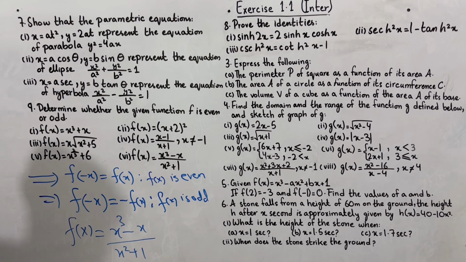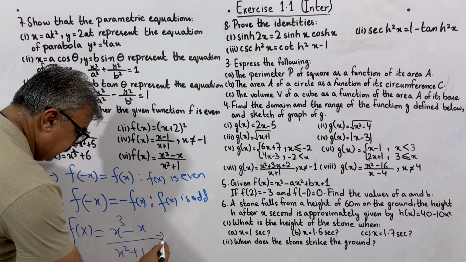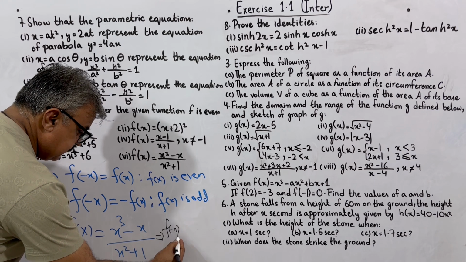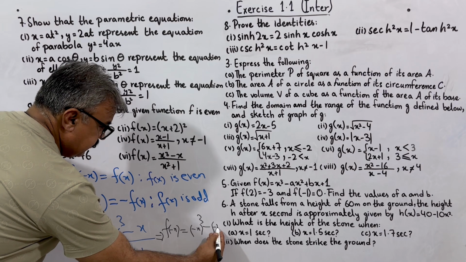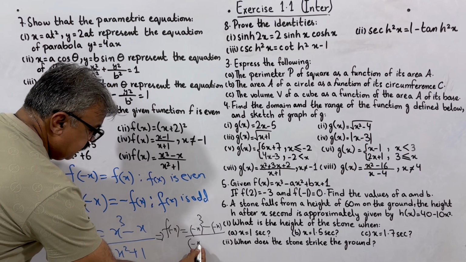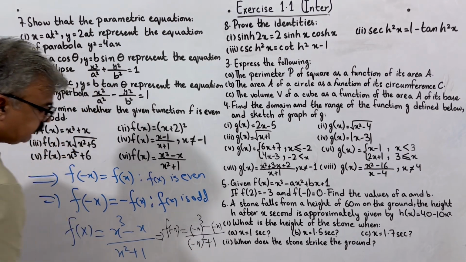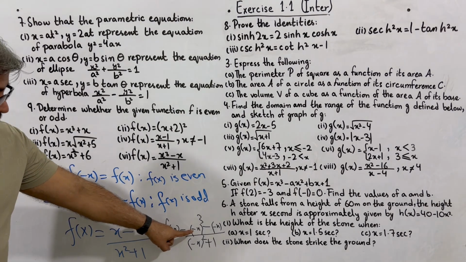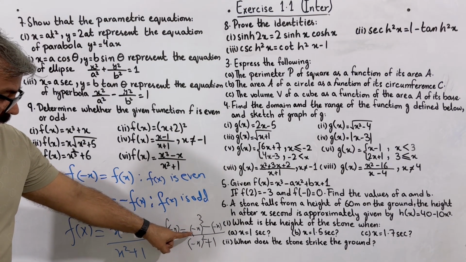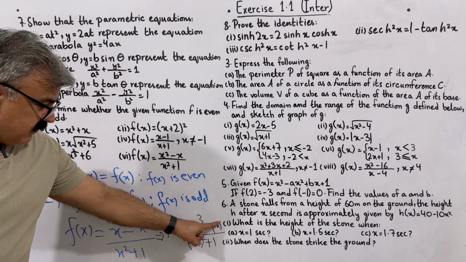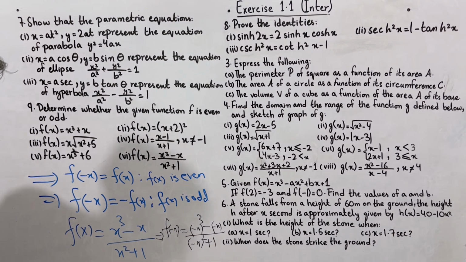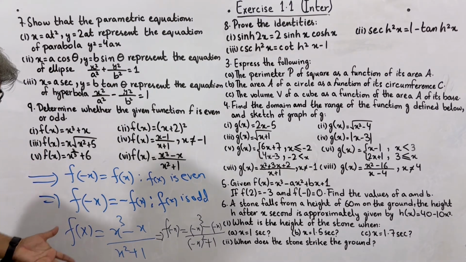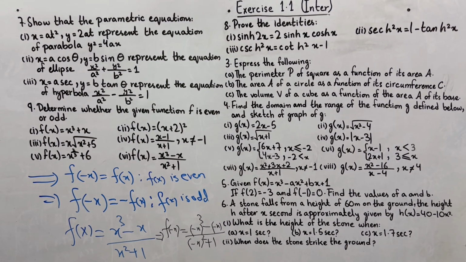F of minus x, we have minus x cube minus x over minus x whole square plus 1. Look at this. Minus x raised to the cube, power is odd, minus remains; the minus in front of x also remains, it will become minus plus, and the minus in the square becomes neutral owing to the even power.